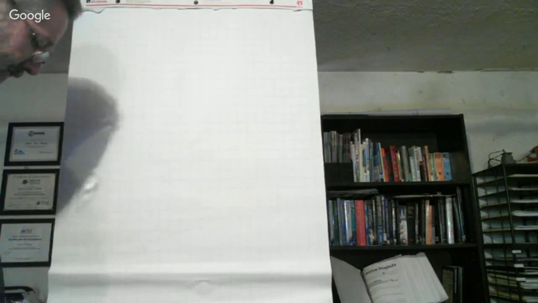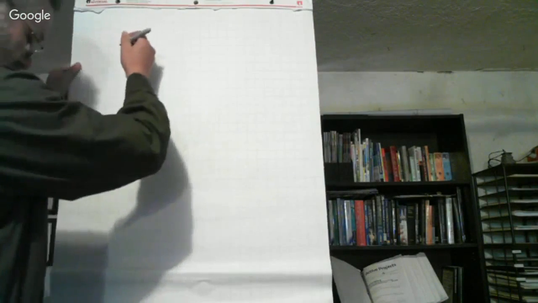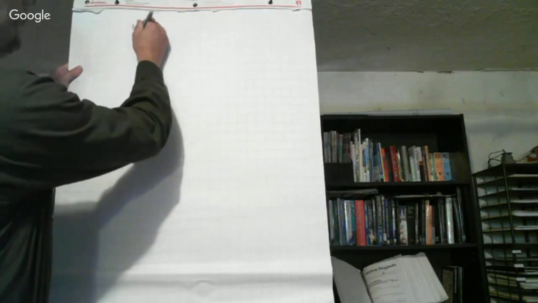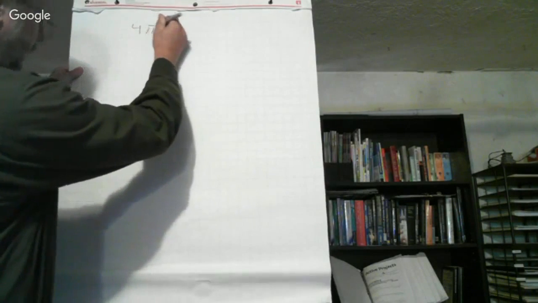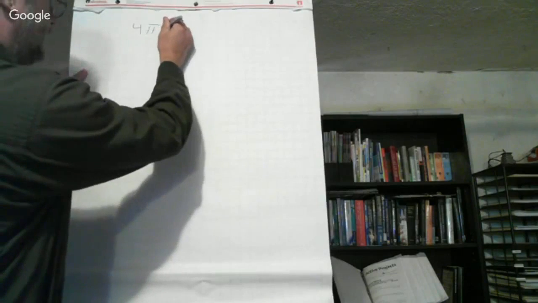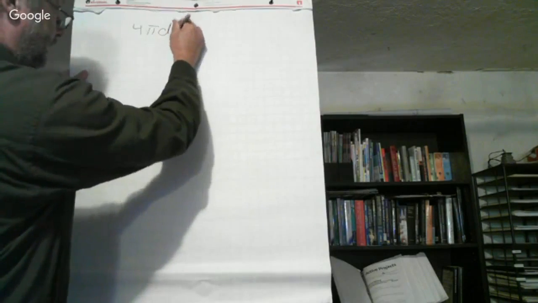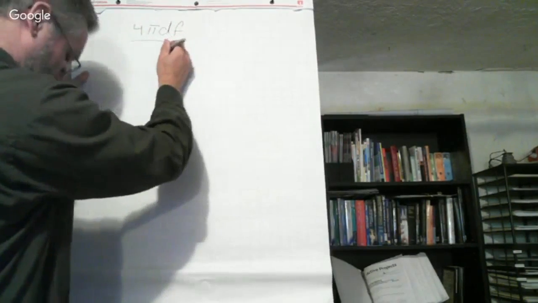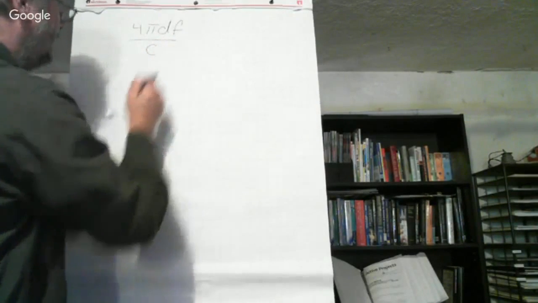First thing is, for propagation loss, the actual full equation is 4 pi d f over c. Now, this does not yield decibels. This is not the same format.